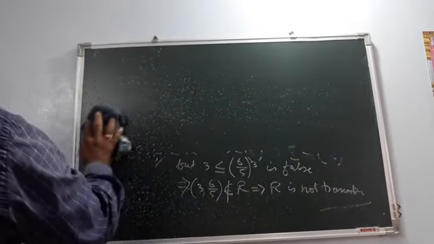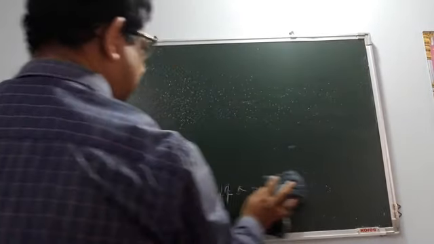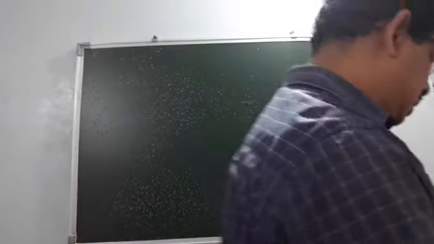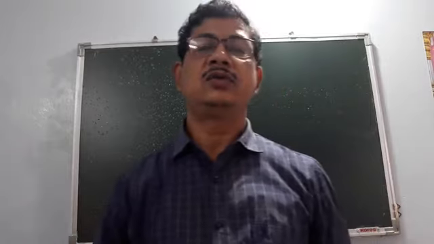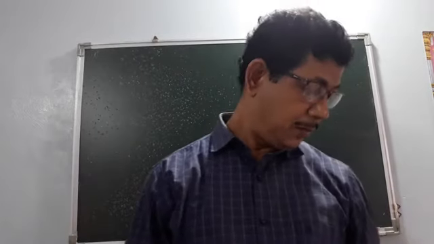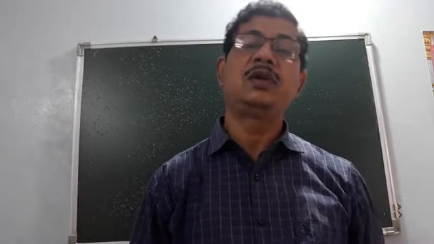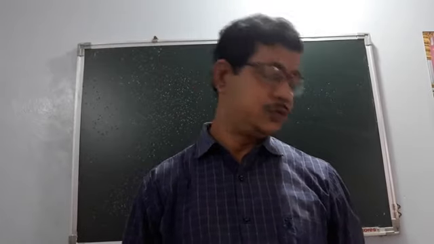Now we will do question number 6. All of you have the book, that's why I am not writing the question, it is a waste of time. You can see the book also.